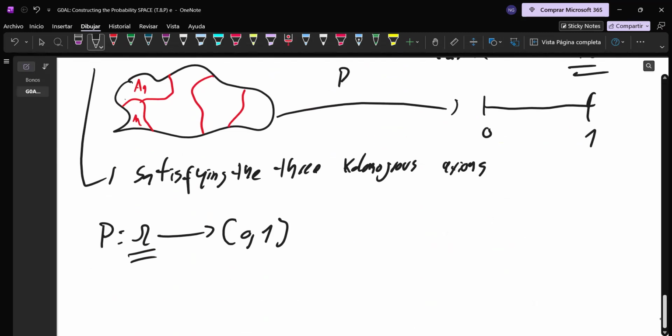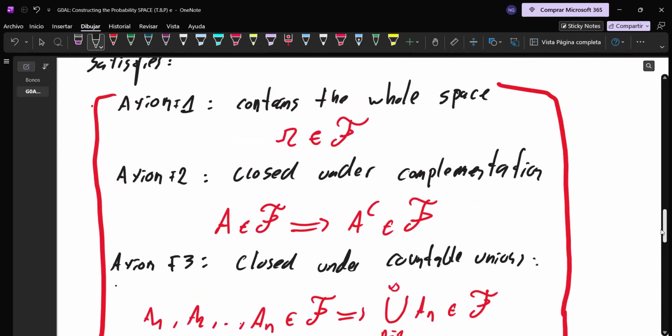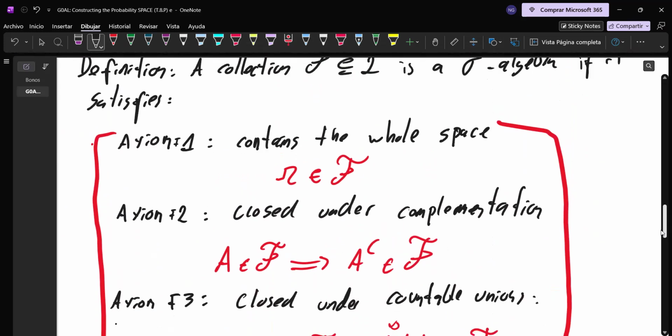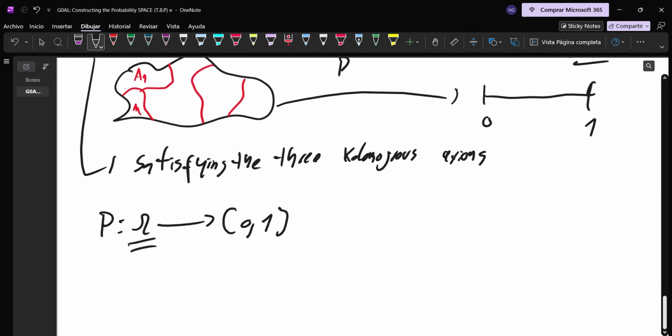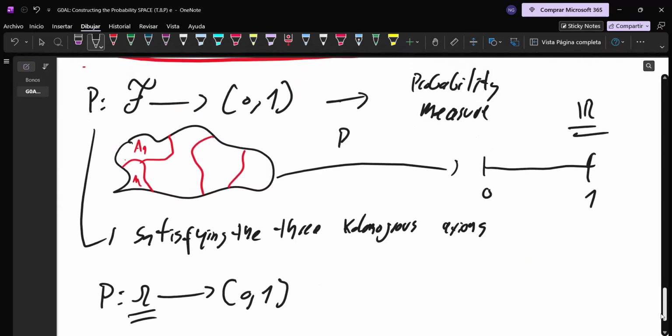No, it is not correct. Why? Omega are the outcomes, but I don't know if I can measure these events. So this is a tricky, theoretical question, but this is not 100% correct.